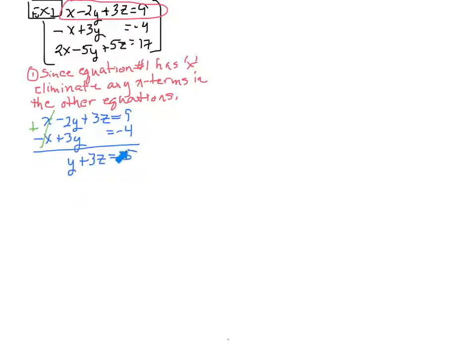So this is now my new equation 2. So it's going to replace this equation up here. The great thing about this new equation 2 is not only do I have the x term gone, but what's the leading coefficient of this? 1. Isn't that what I want for row echelon form? So this is going to be a keeper. So that's going to be my equation 2 in row echelon. Really all I have to find is the third equation.